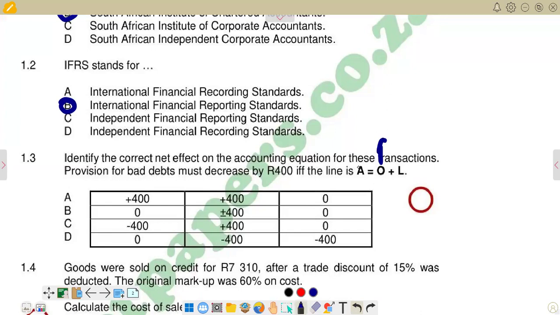So we are also going to have an increase in current assets, as we subtract a smaller balance of provision for bad debts for that year. So we have a plus for assets and a plus for owner's equity. You see that the most appropriate is A. A is the most appropriate answer there.